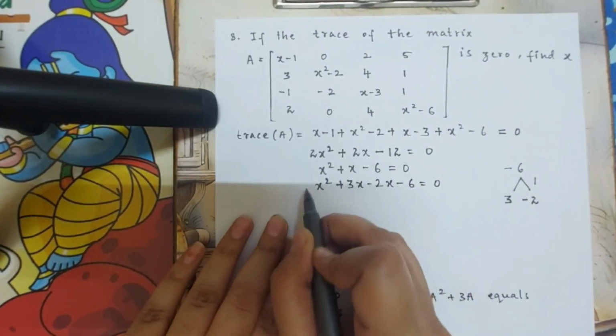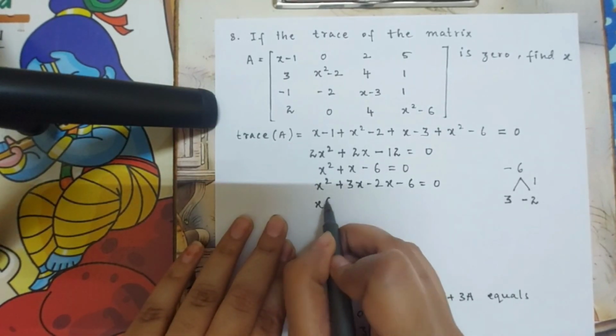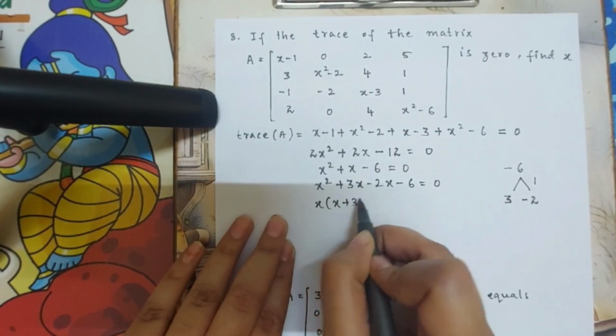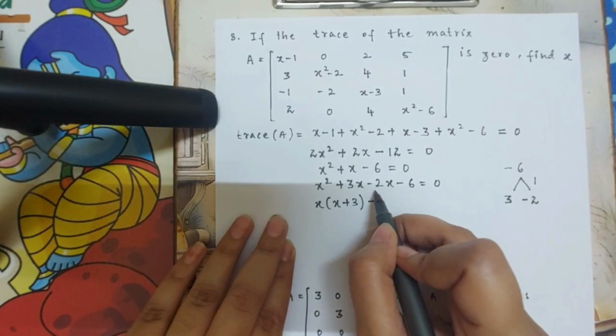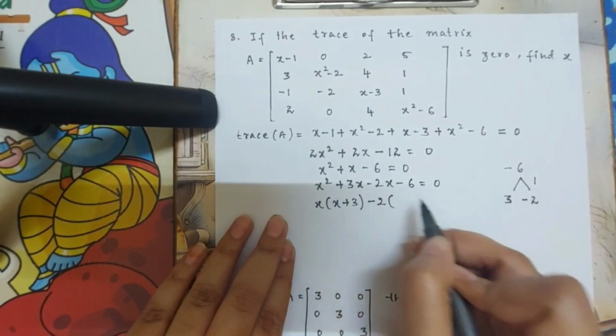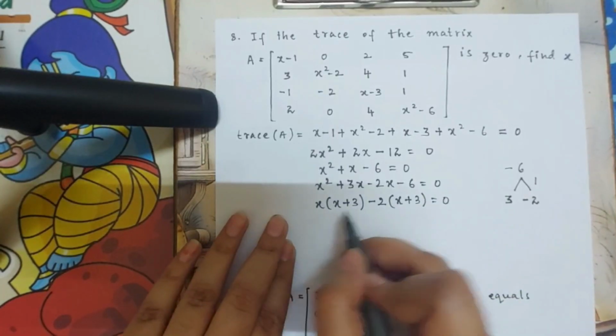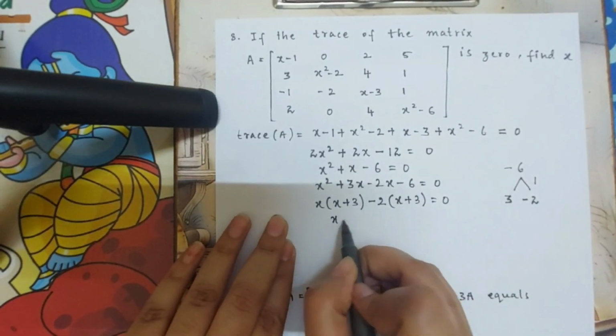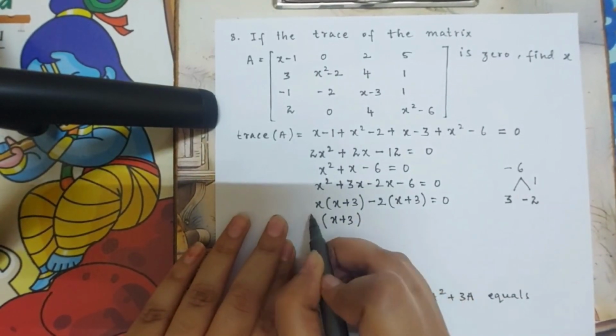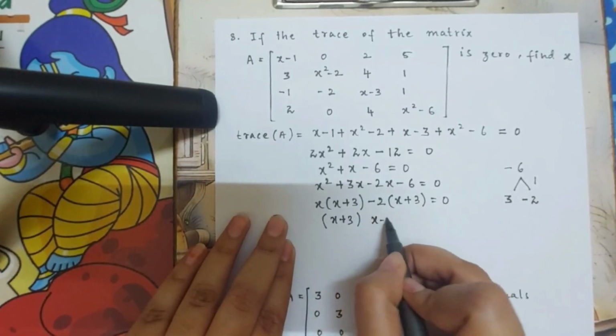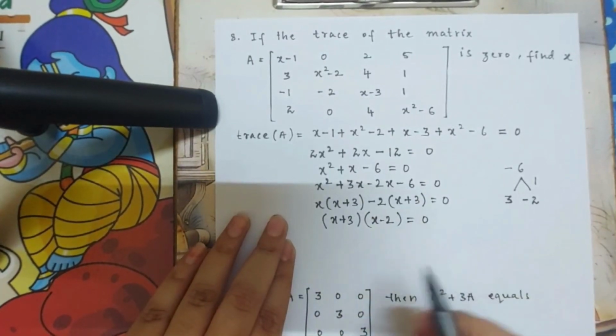From the first two terms, I'll be taking x out, x plus 3; from the next two terms, I'll be taking minus 2 out, and will be left with x plus 3 again. From these two terms, I can take out x plus 3, and what we are left with is x minus 2, and that will be equal to 0.